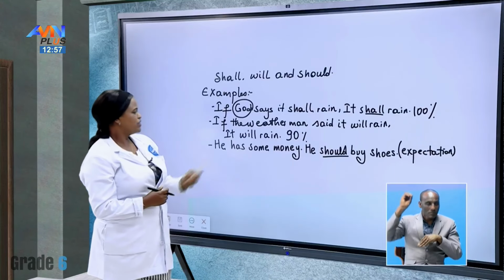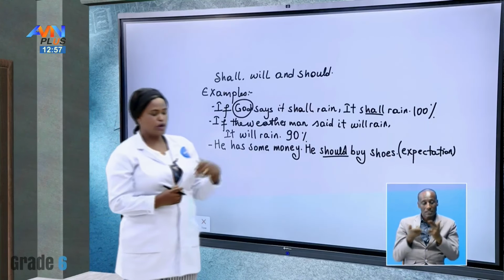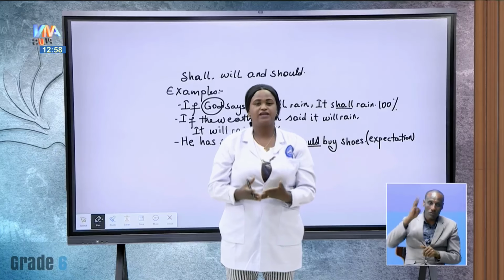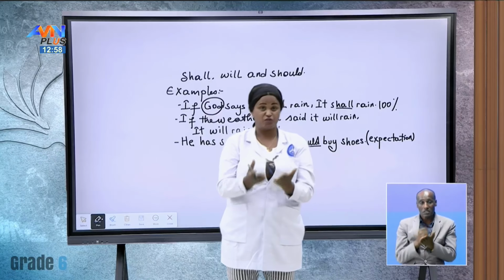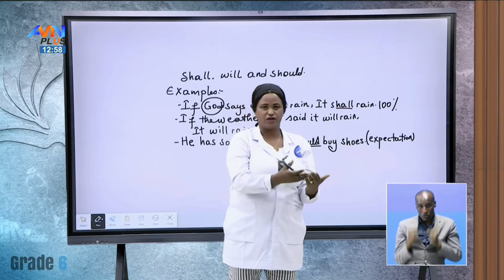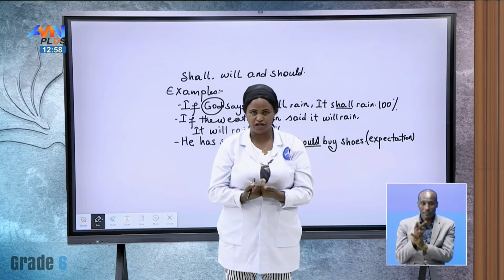And when we come to the third one, should, when you use should for future possibilities, it is for something that you expect. So we call it a possibility that we expect, or our expectation.